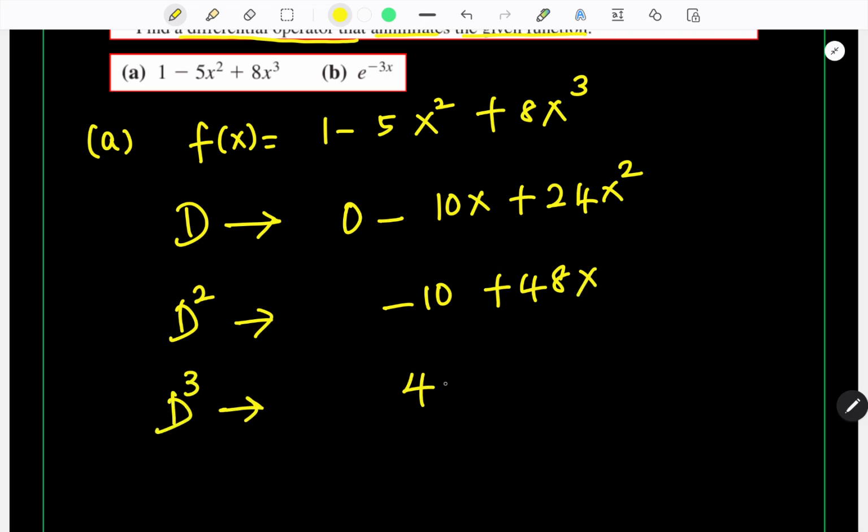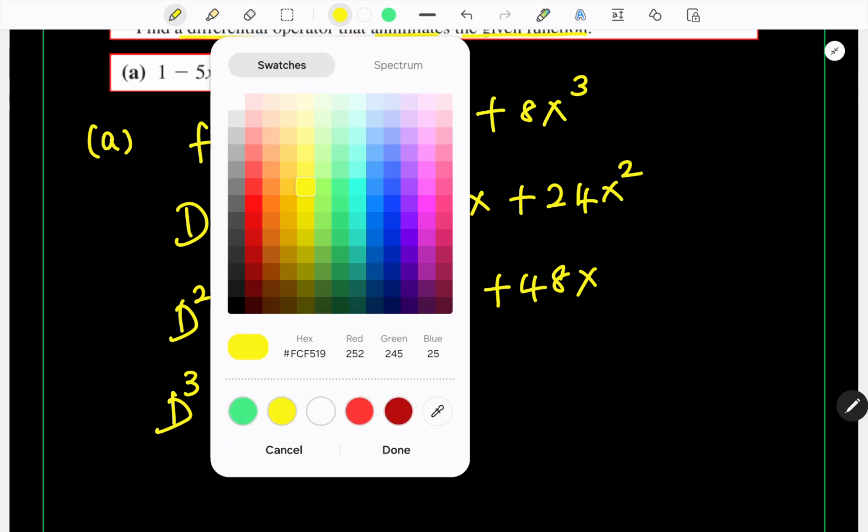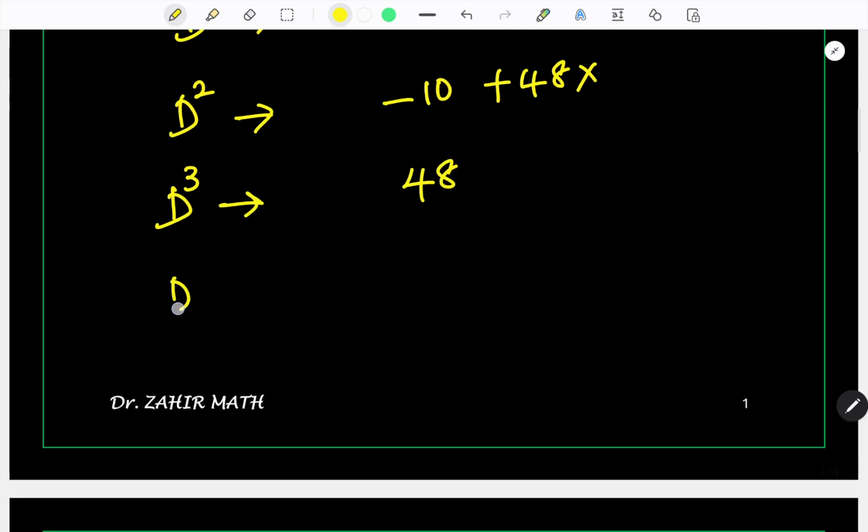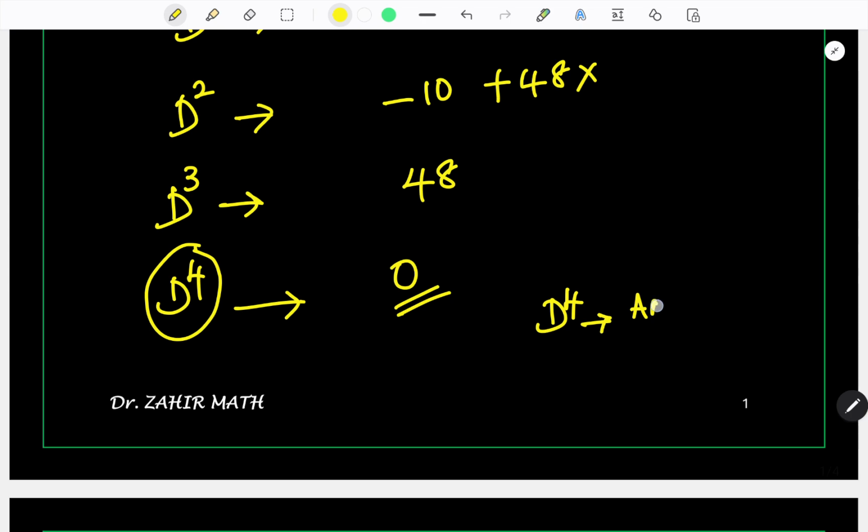D cube is 48, and D power 4 is 0. So the one who makes this function 0 is D power 4. D power 4 is the differential operator making the function 0, so D power 4 is called the annihilator.